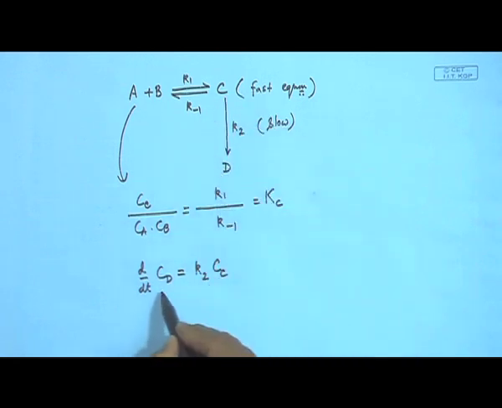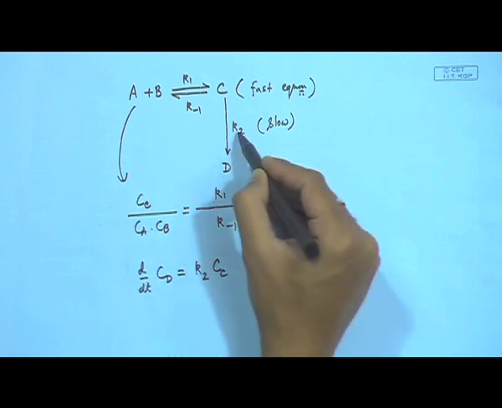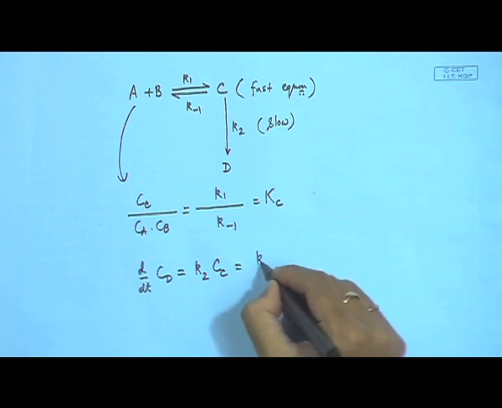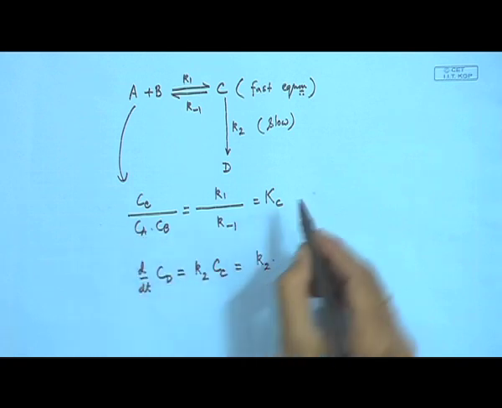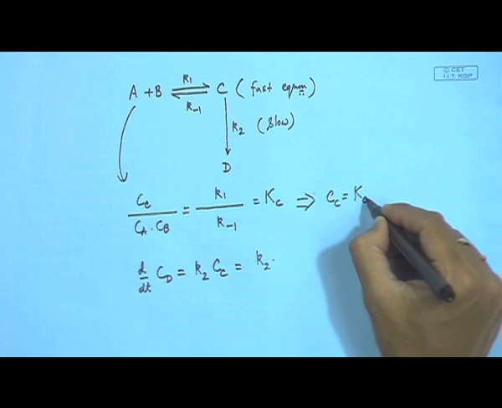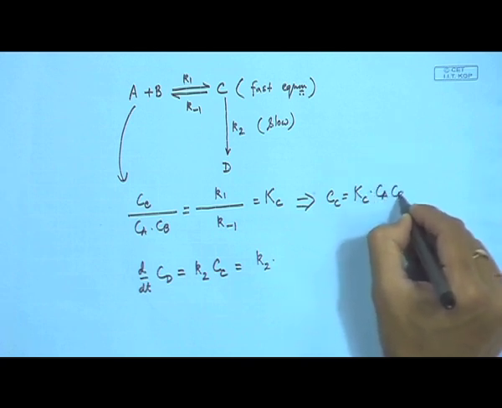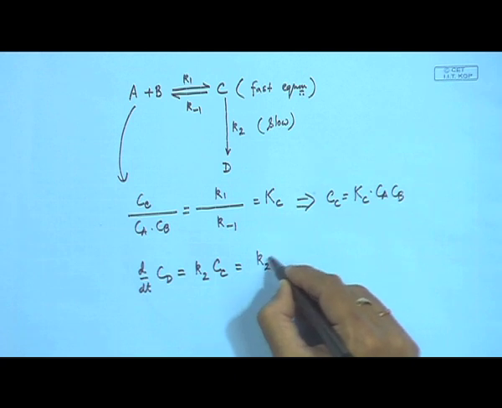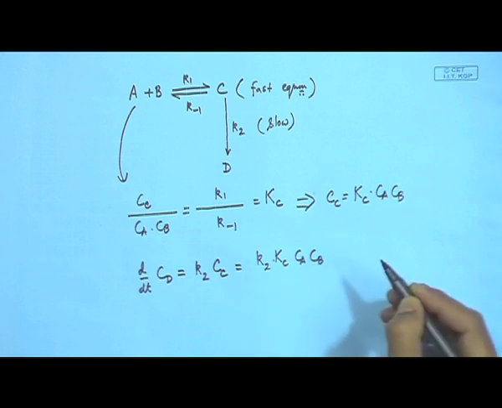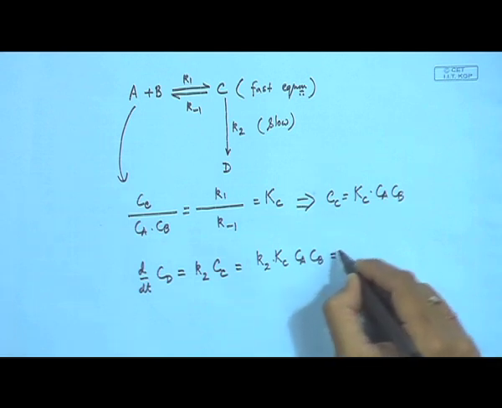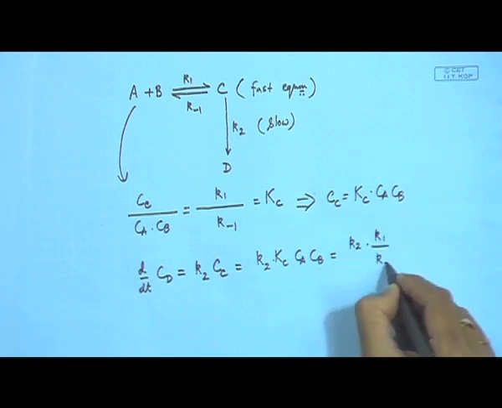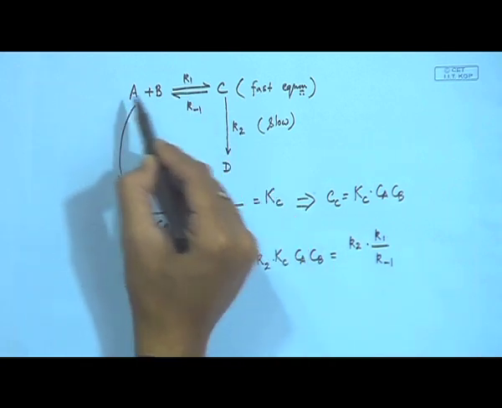step. Therefore, d[D]/dt is equal to K2 times [C]. This gives you [C] is equal to K_C, the concentration equilibrium constant, times [A][B]. So, you just plug this in. So, K2 into K_C into [A] into [B], that is equal to K2 into K1 by K_-1, since this is the equilibrium constant.